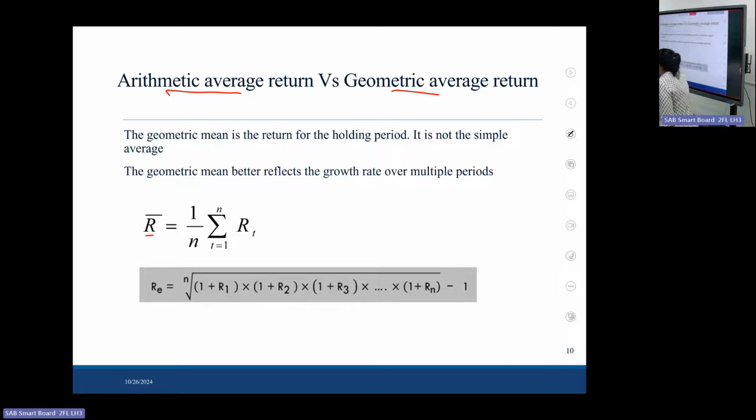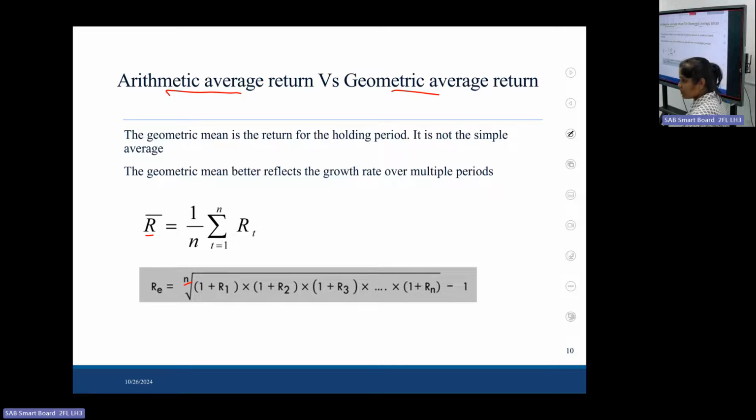This is the geometric mean, or we call it geometric average return. Look at the formula. 1 plus R1, where R1 means, if you have past 10 years of return information, the first return. 1 plus R1 into 1 plus R2, into 1 plus R3, likewise up to 1 plus Rn, then the nth root, not the normal square root.